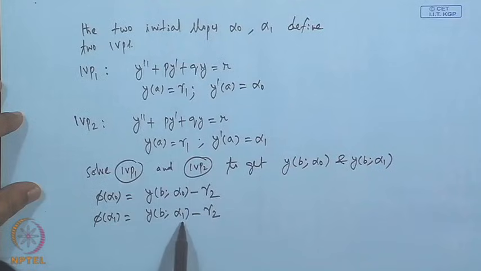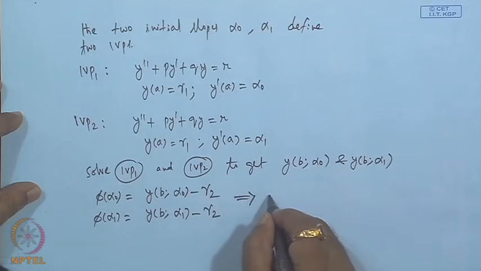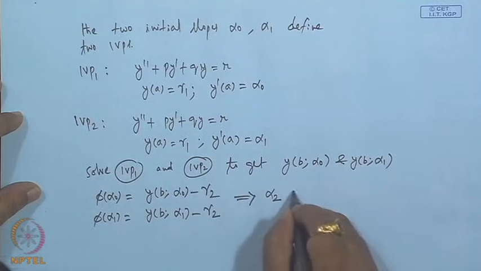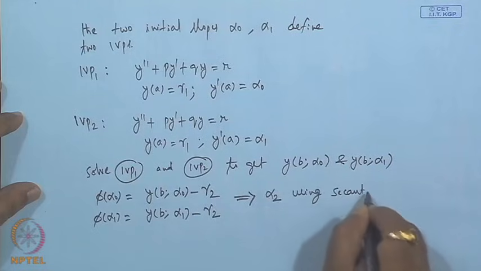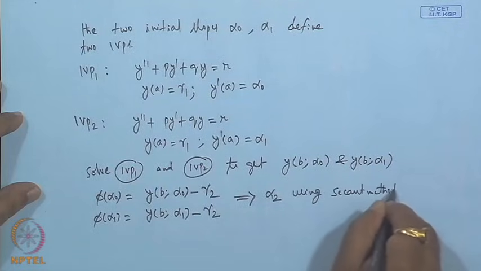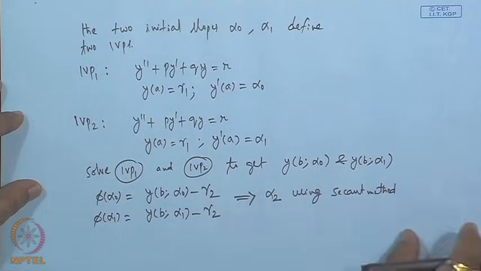Then similarly, with this slope, how far we are. Once we know this, we can compute alpha 2 using the secant method. This will be our new slope, that could be a refinement. So, when we obtain alpha 2, what do we do?